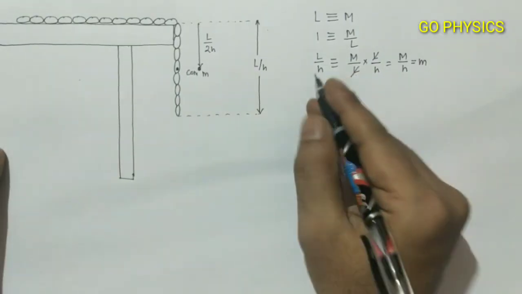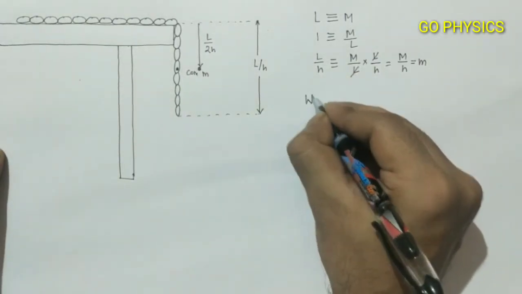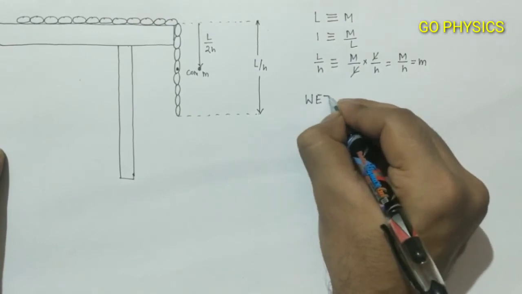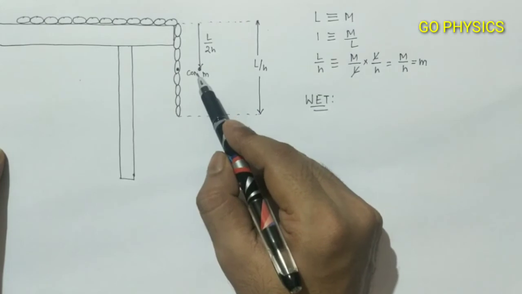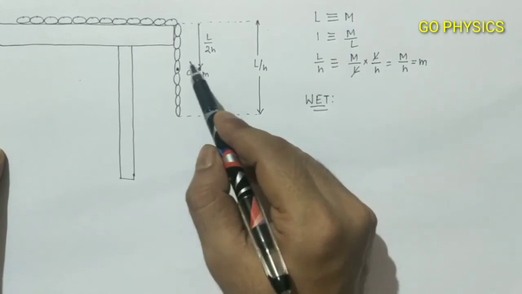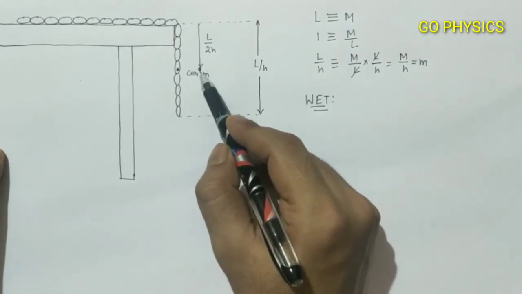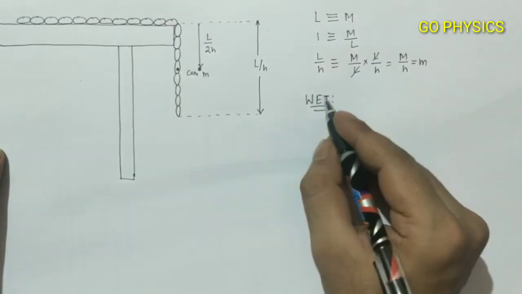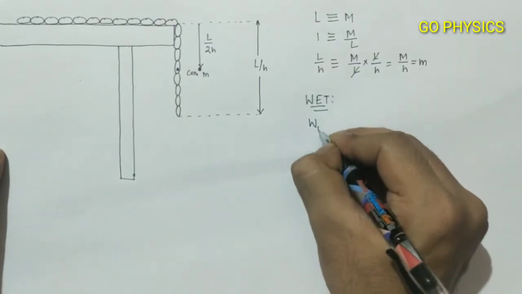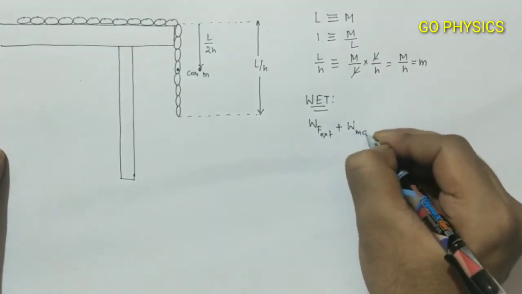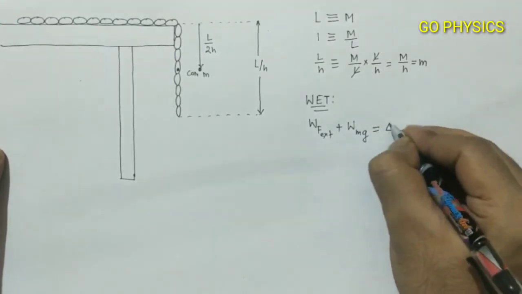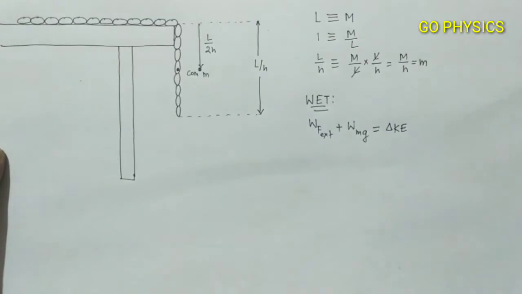Now we will apply the work energy theorem. So two forces are acting on the center of mass. One is the external force and one is the gravity force. So work done by F external plus work done by gravity force is equal to the change in kinetic energy of the center of mass.